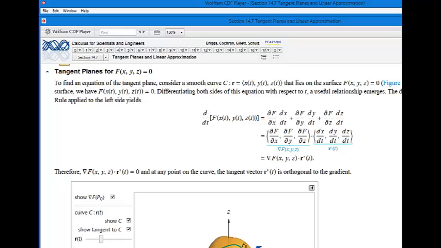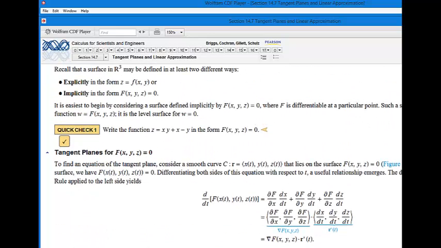Okay, so let's slow down here. We've done two things, explicit and implicit. Here, let's do this.